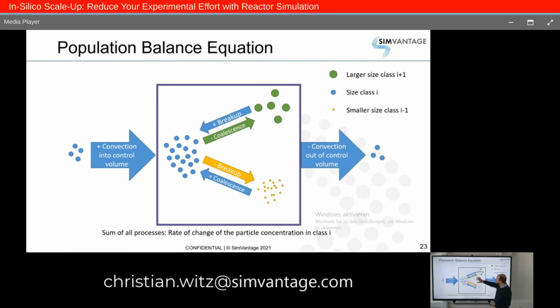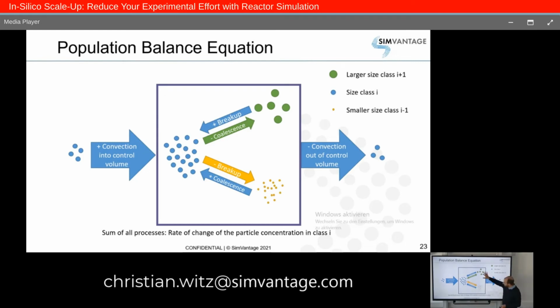And within the control volume, the particles can coalesce to enter the larger size class, and particles of the larger size class can break up to enter our size class. The same applies for breakup to the smaller size class and the coalescence of the smaller particles to our size class.